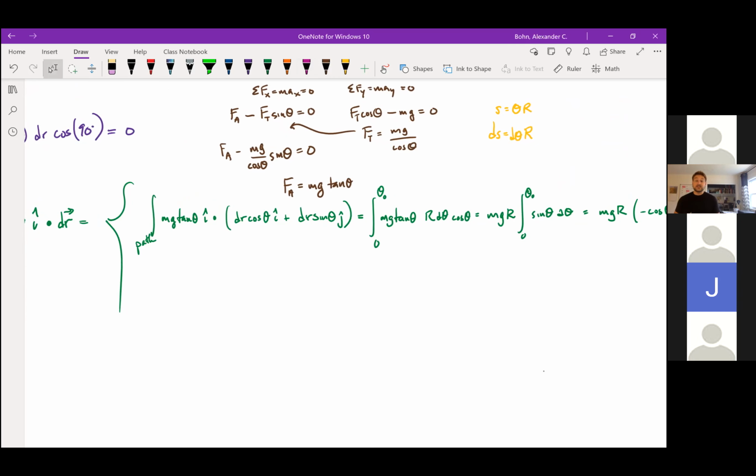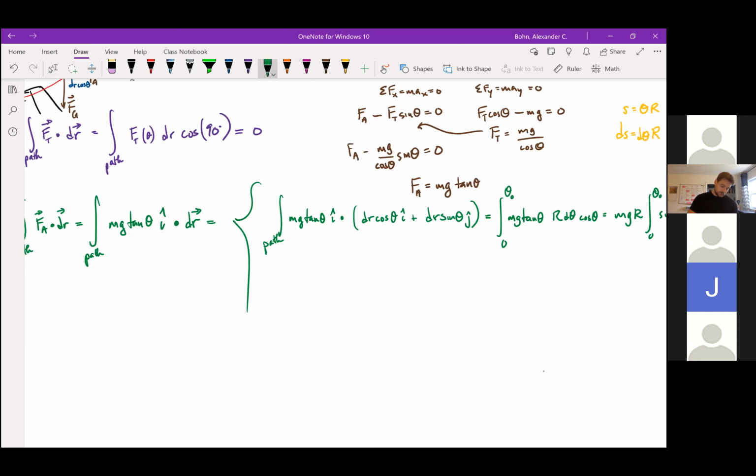I said there was another way to think about this dot product piece. The magnitude of the force. Remember, there are two versions of the dot product, one by components and one by magnitudes and angles.